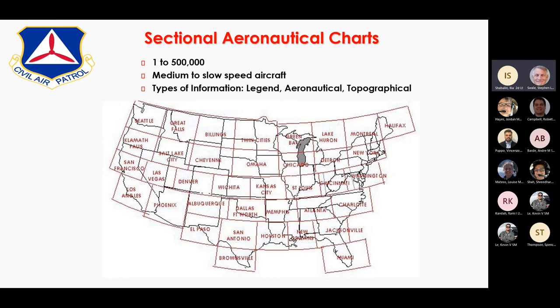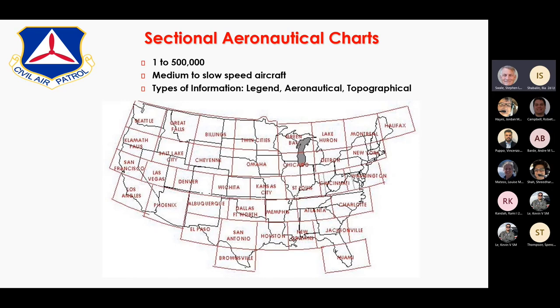For those not familiar with the sectional aeronautical charts that are shown here, it gives you the scale. It says it's a 1 to 500,000 scale chart. You can see that the entire United States is composed of a number of these. You need 5 of these sectionals to cover every nook and cranny of California. You'll see you need the Las Vegas sectional to get part of the mountains near Tahoe.